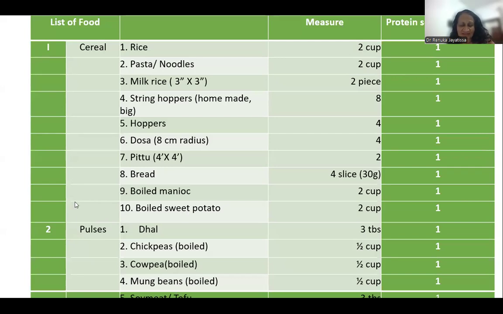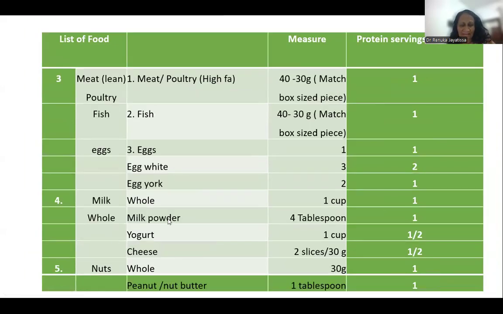Next slide. When we look at meat, you can see that even a small piece of 30 grams of meat or fish gives you the same amount of protein, and even the egg also. But another thing is that people use only egg white rather than egg yolk.